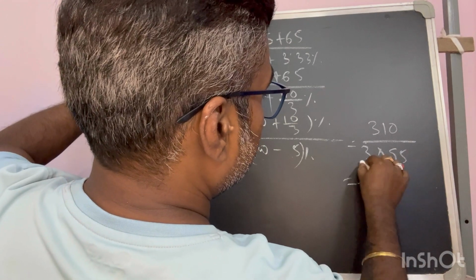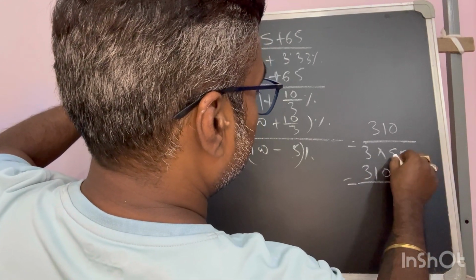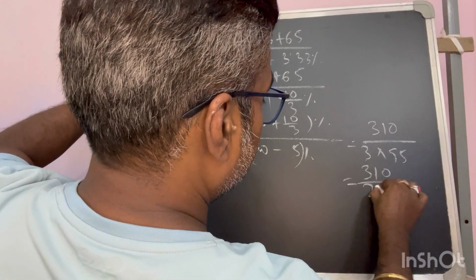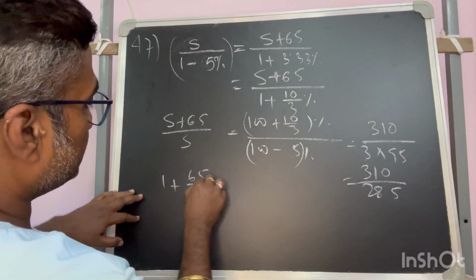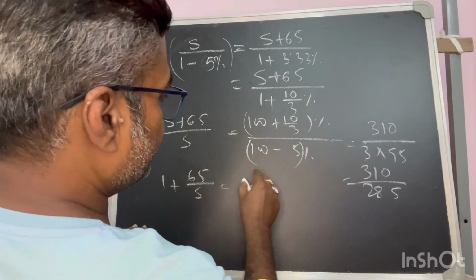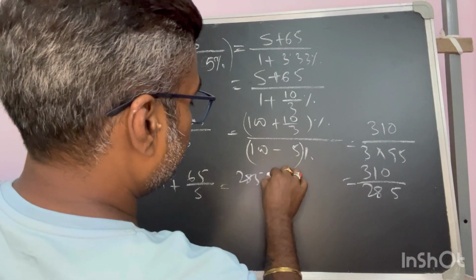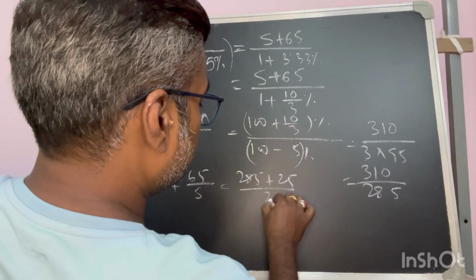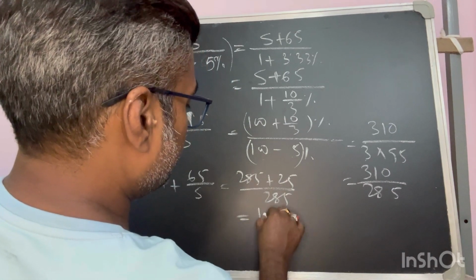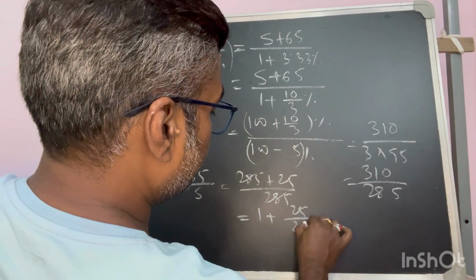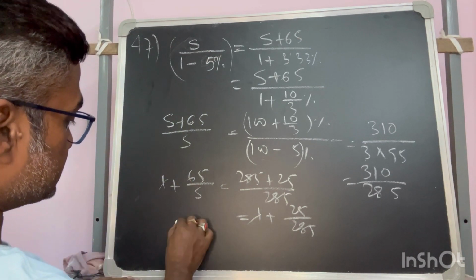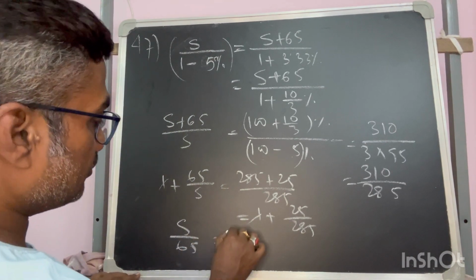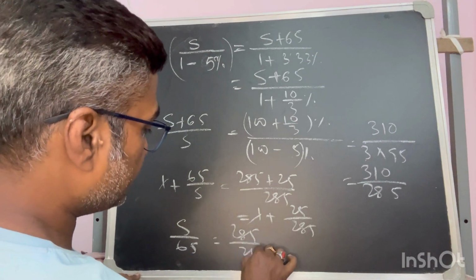310 by 3, 5 5s are 25, 3 9s are 27, 28. Now this side I can well take as this one, and if I break it into this, it will give you 1 plus 25 by 285. So now equalize this. If I reverse it, s upon 65 will give you 285 upon 25.